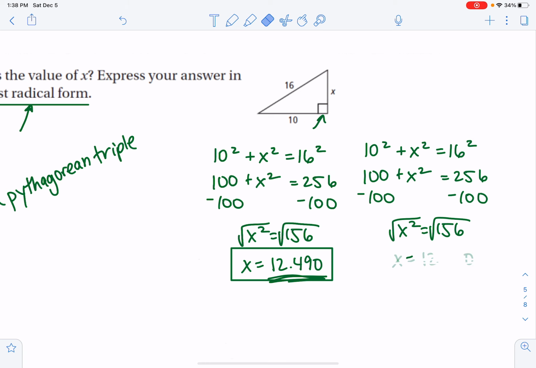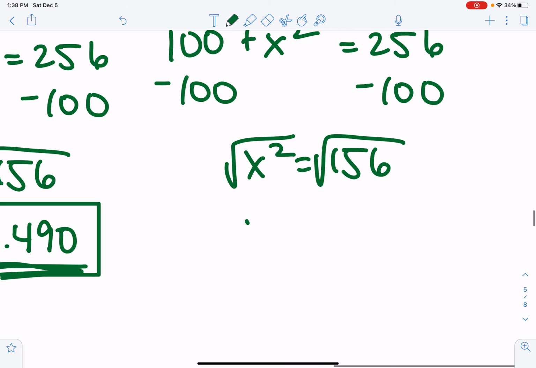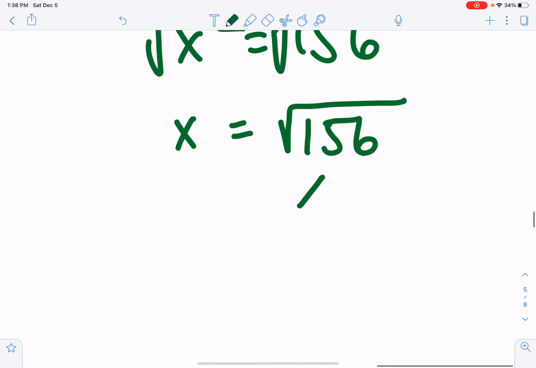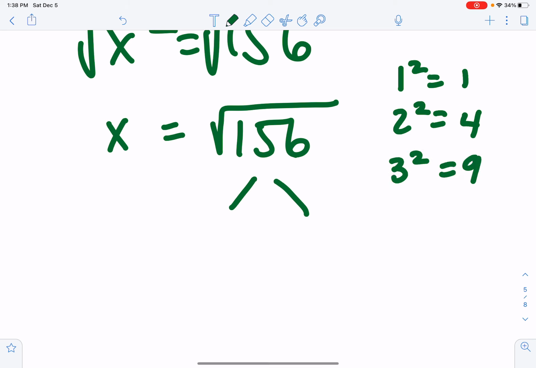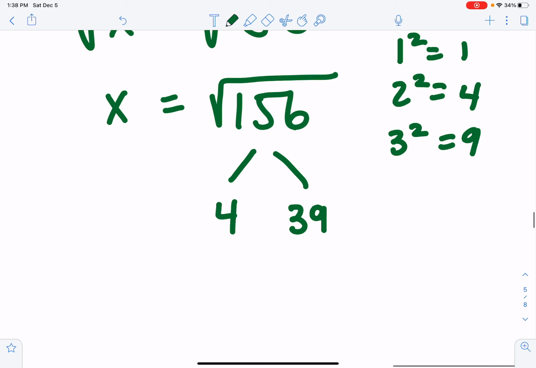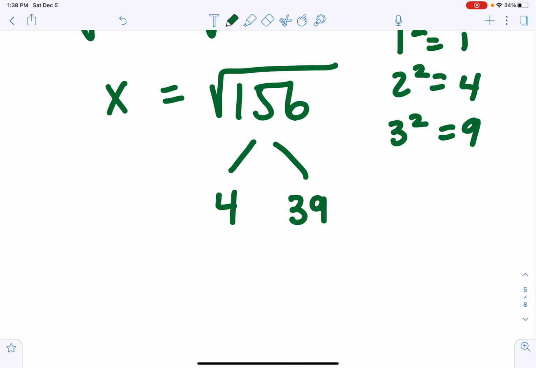But when they get to the end here, they say x is equal to the square root of 156. And then they break that down. They say 156, and they look for some number that is a perfect square. So like 1 squared is 1, 2 squared is 4, 3 squared is 9. So I'm going to try dividing that by 4. 156 divided by 4 is 39. 39 is not a perfect square, and 4 is a perfect square.